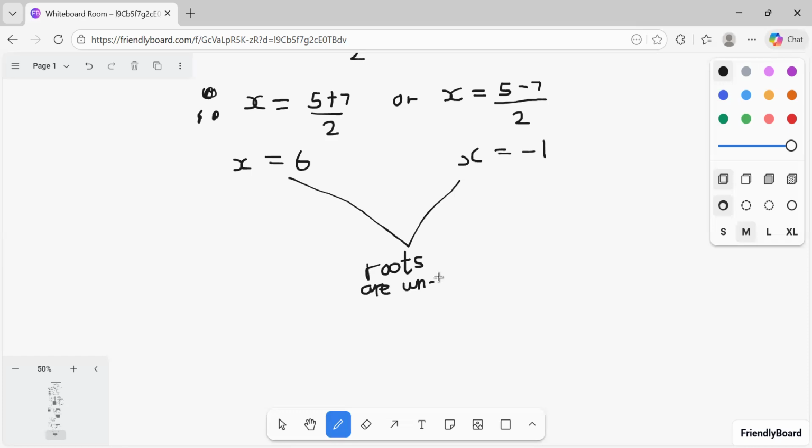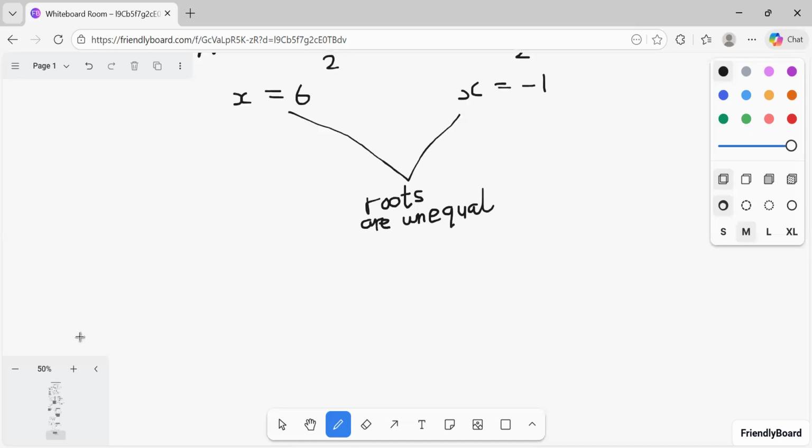So now I need to determine whether they are real or rational using the delta value. I already know that the roots are unequal. So now let's use the delta formula, which is delta is equal to b squared minus 4ac.